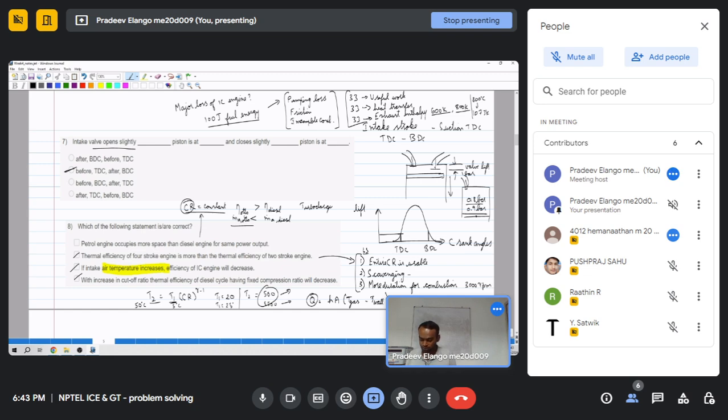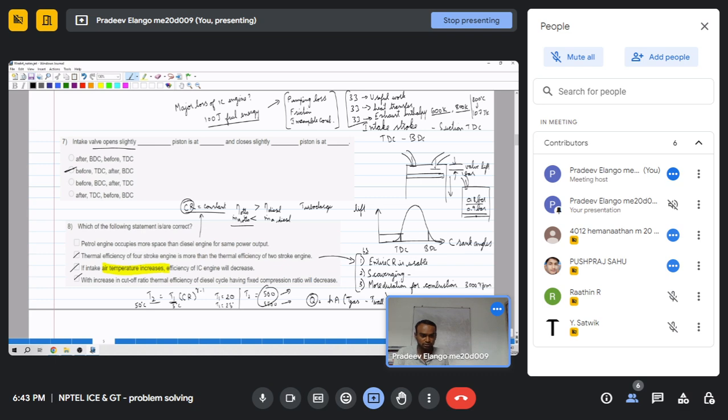The fourth point: with increase in cutoff ratio, thermal efficiency of a diesel cycle having fixed compression ratio will decrease. Can you say why? I think the fourth option is incorrect.